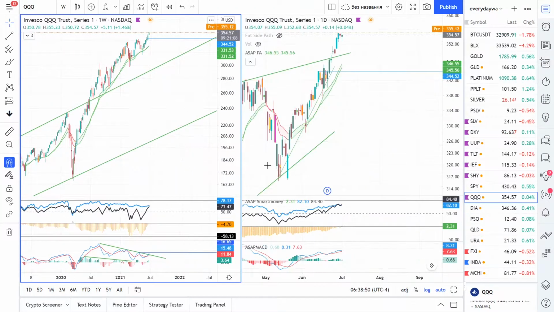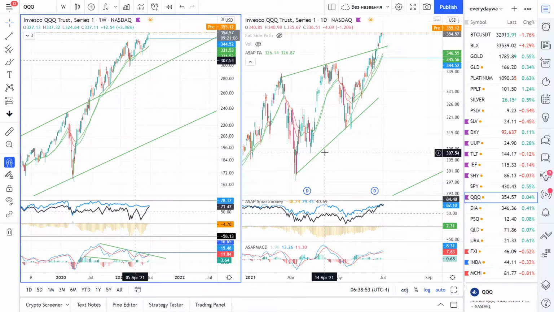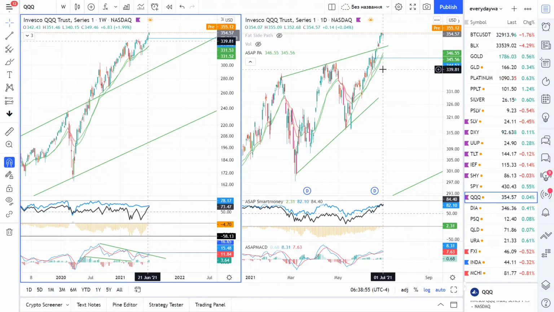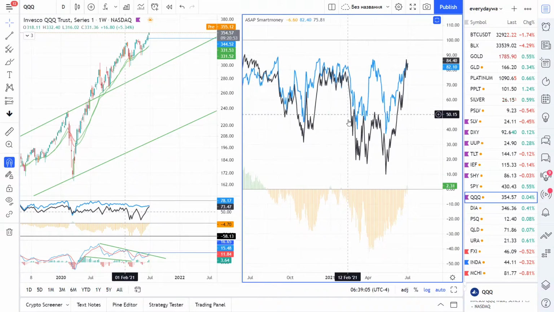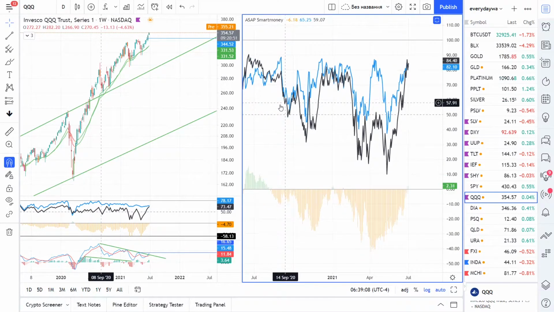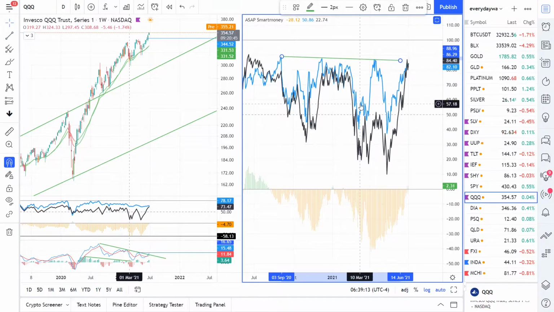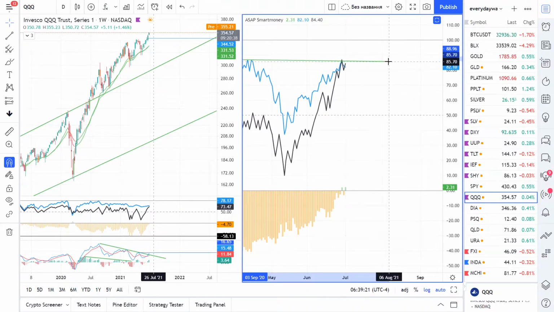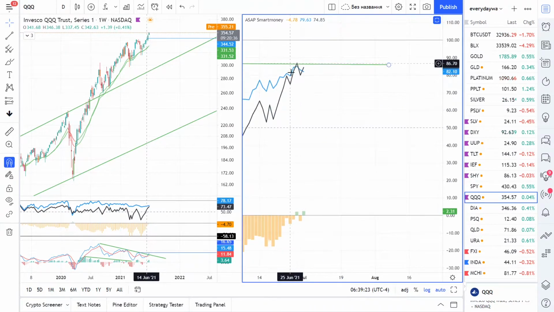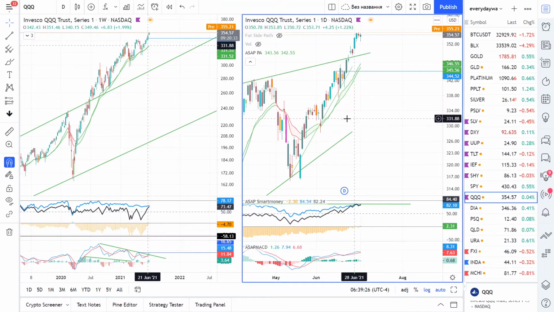And that's very dubious because on a daily we formed sort of a wedge pattern. It usually breaks to the downside. There was negative delta here as well. There was some form of divergence on the ace of smart money blue price line going on, and it is till now.